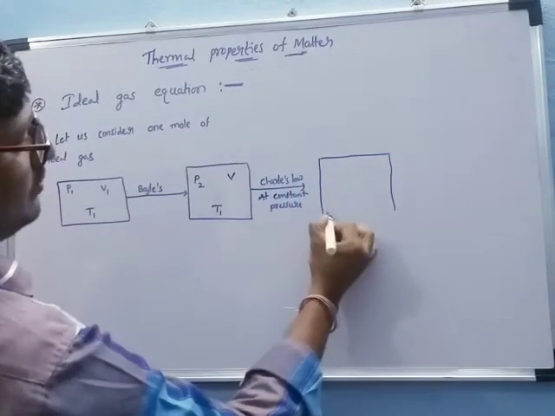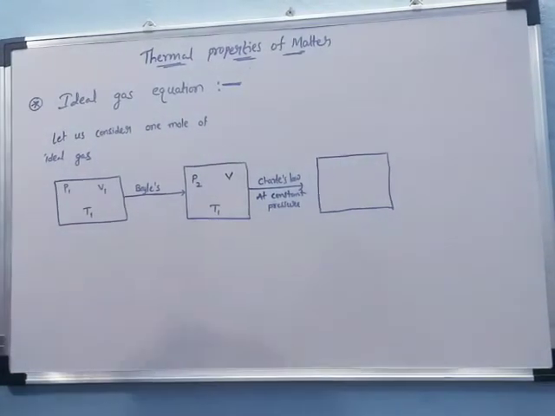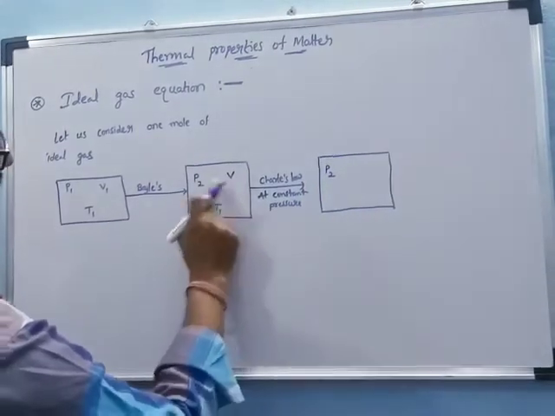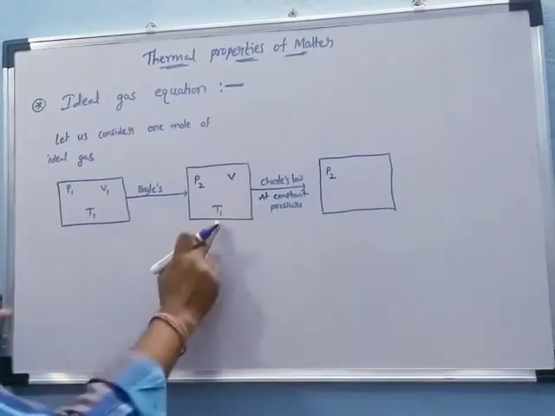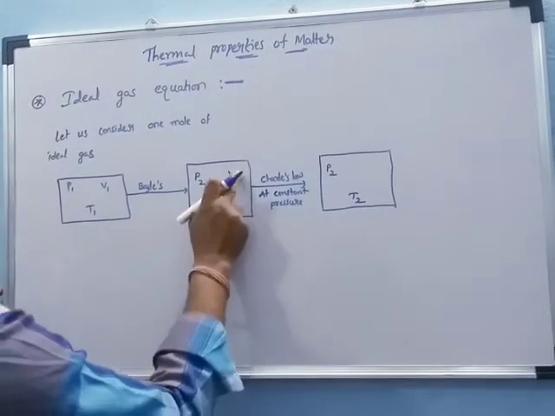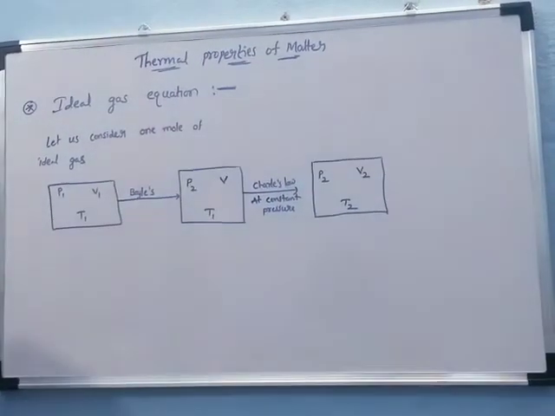When the volume increases, the temperature also increases by the same amount. The pressure stays constant at P2, but the temperature increases from T1 to T2, and the volume increases to V2.